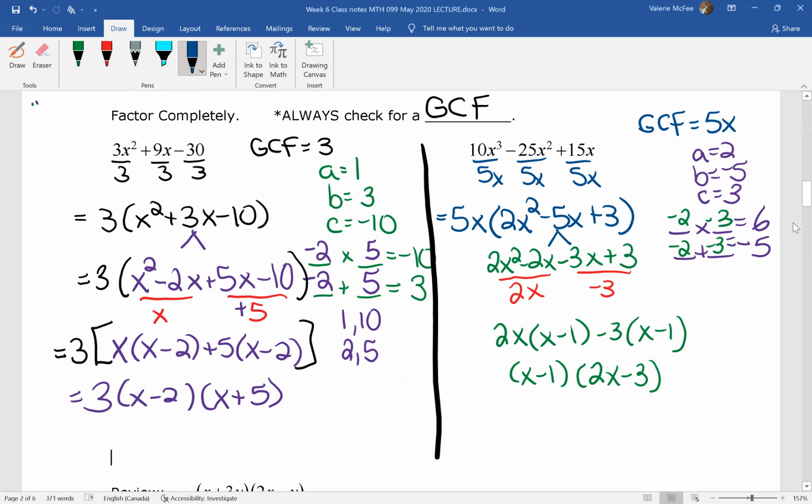We used those numbers to split the middle term and factor by grouping. But of course, we remembered we had to keep our greatest common factor here. So there it is in factored form.